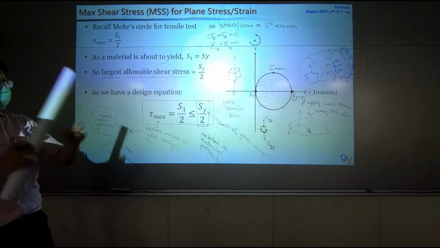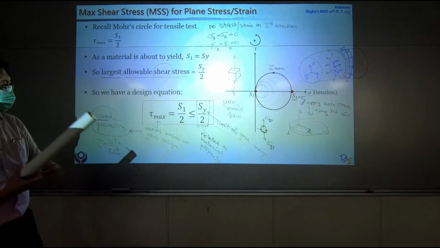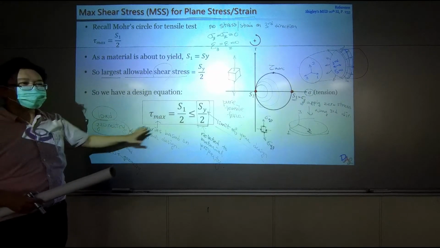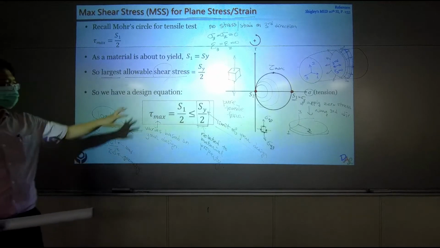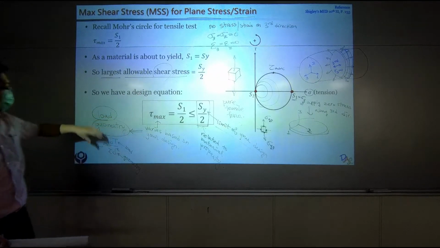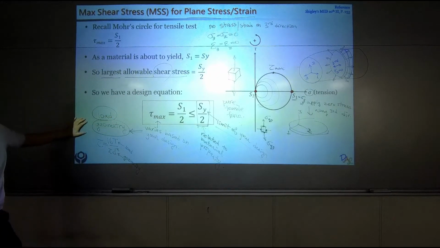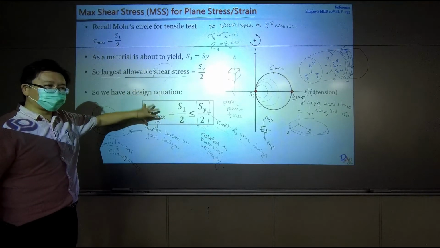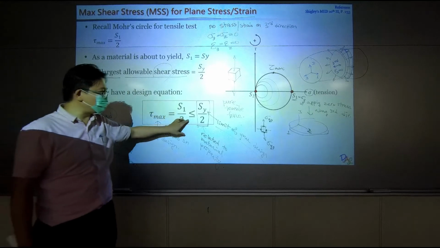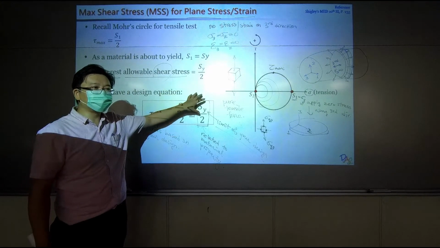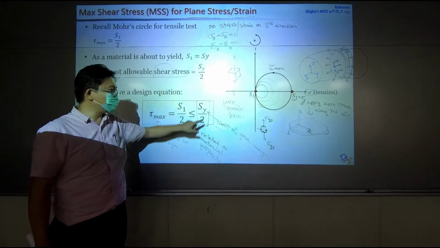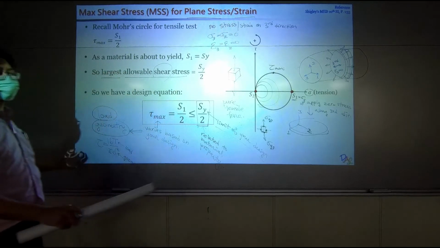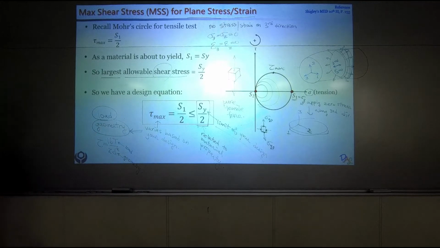Okay, so usually for any model, on the left-hand side, it's some kind of equation to calculate stress. And usually it depends on the load condition and the geometry. Once you have it, that stress should be smaller than some kind of limit. And usually the limit depends on your material. Okay, I think that's a very important design concept you should have.